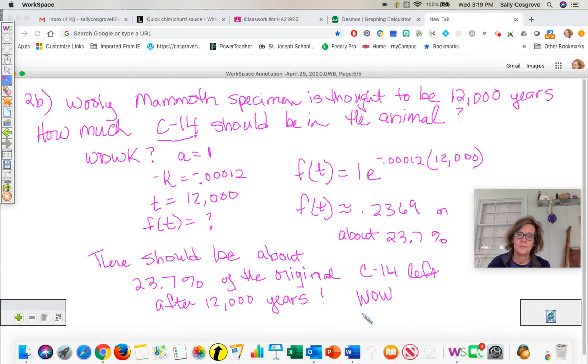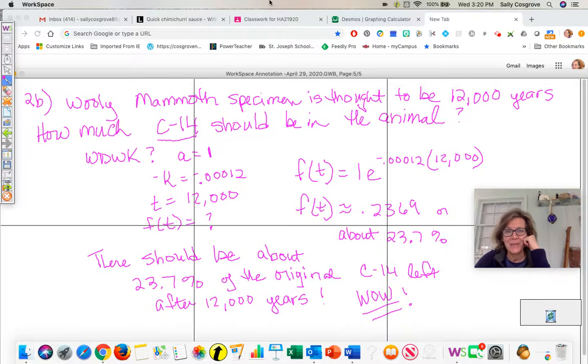Wow. Isn't that cool? Science people are going to be like, this is science, it's so cool. It is cool though, all right? So that is our second example of decay. The next few examples we're going to look at are going to be exponential growth.